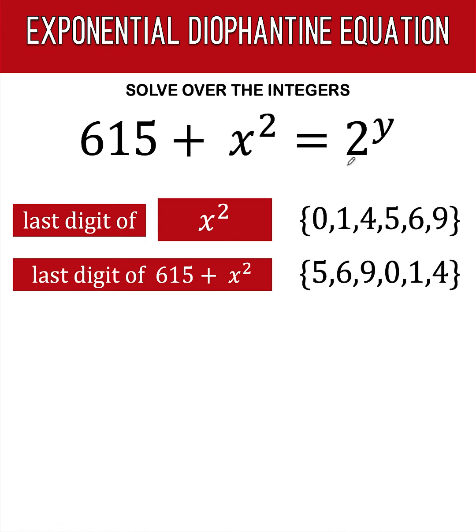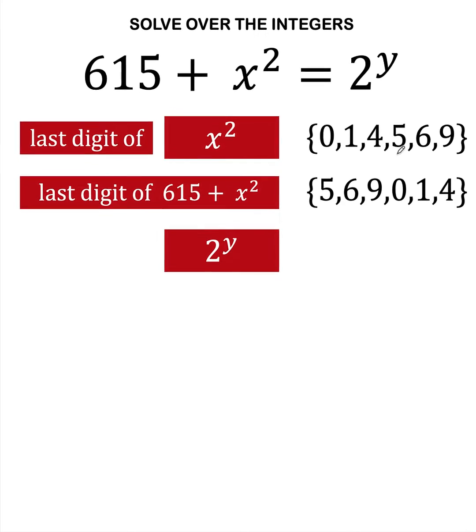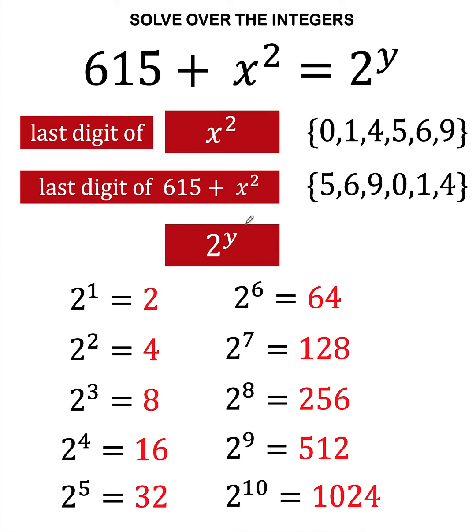Now, since this right side is equal to this, the last digit of 2 raised to y must also be the same as the last digit of the left side of the equation. What are the possible values of 2 raised to y? Here are some of the values of 2 raised to y for y equals 1 up to 10, and we are hoping to find a pattern here.